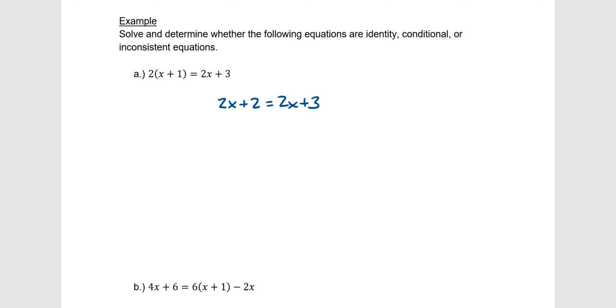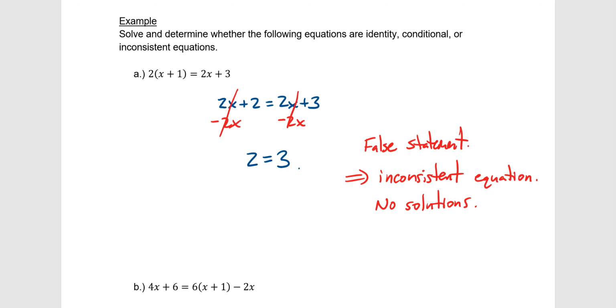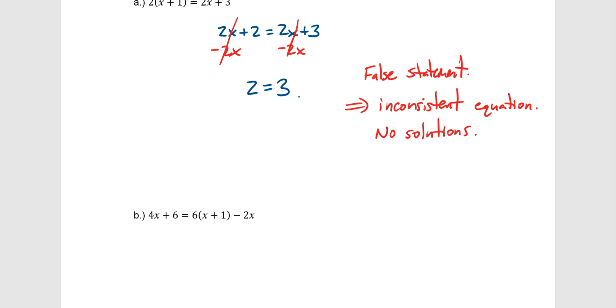If we try to get the variables on the left, we subtract 2x, and we recognize that the variables cancel and we're left with 2 equals 3. We could subtract 2 or 3 on both sides, but no matter what you do, they are never equal. So this is an example of an inconsistent equation, and there are no solutions.